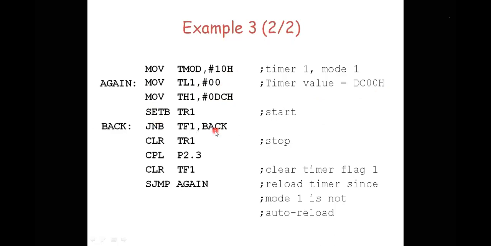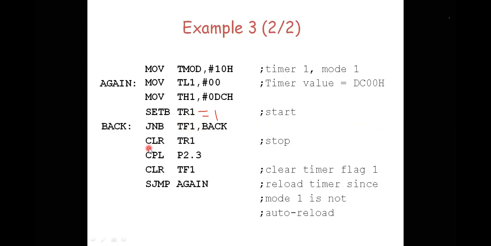You have to start the timer. For starting the timer, you set SETB TR0, making the TR0 bit 1. SETB means you are starting the timer, and while it runs, every time you have to monitor the TF timer overflow flag bit. While TF1 is 0, the timer continuously keeps running. When it becomes 1, it will come out of the loop.